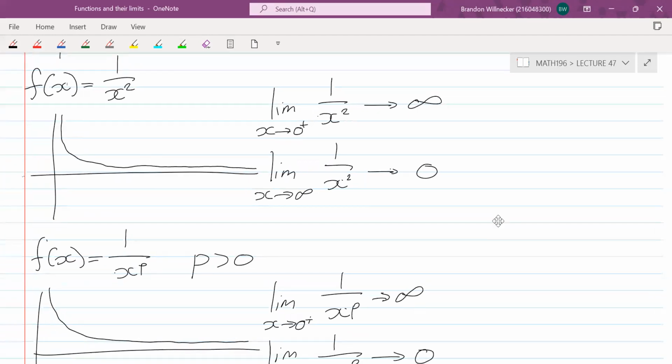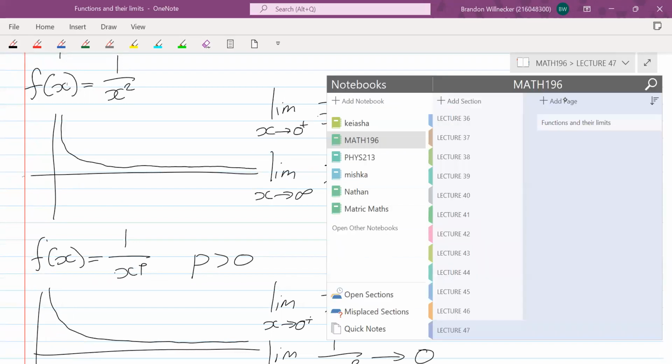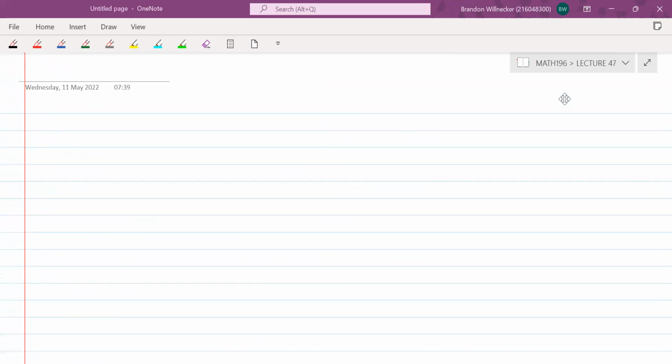So next we're going to be looking at exponentials. So you can either have e to the x or e to the minus x. Those are the two that we typically work with. So if we have e to the x, we know that it looks like that.